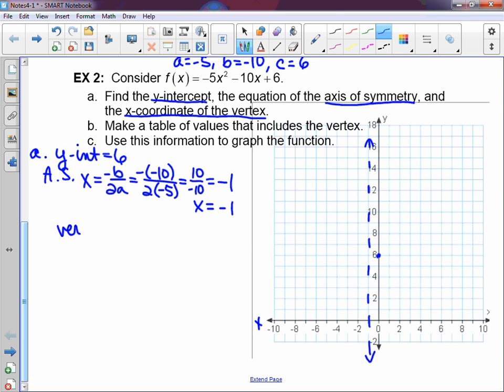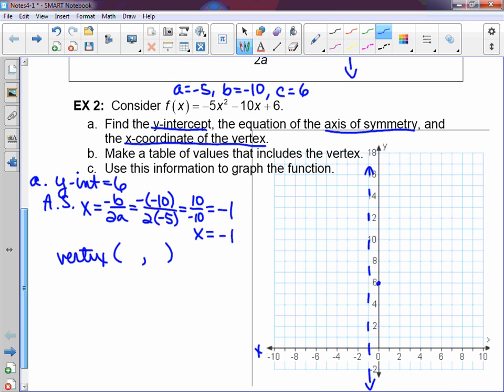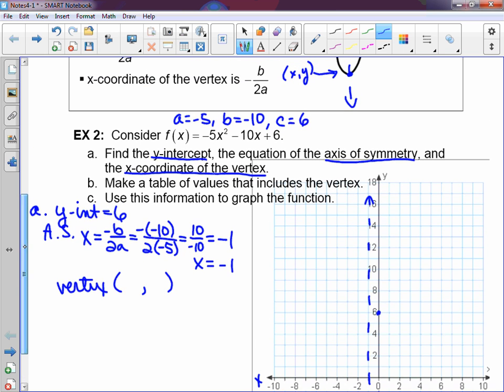Well, let's do this. What's the x-coordinate of my vertex? Does this thing look familiar? It's -1. Wait, how do you do that?